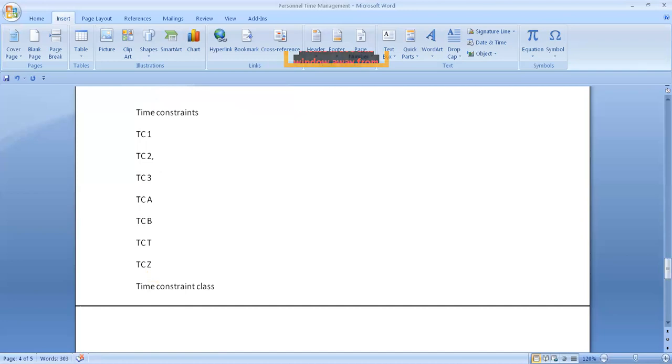Now, the question is, time constraint Z, we have maintained as time management. You are using time constraint Z for time management info types. Earlier also we discussed that.